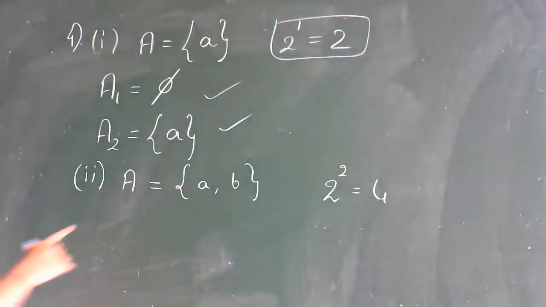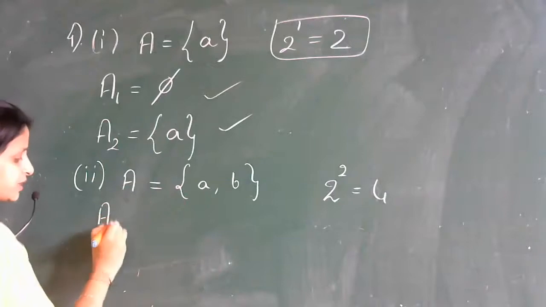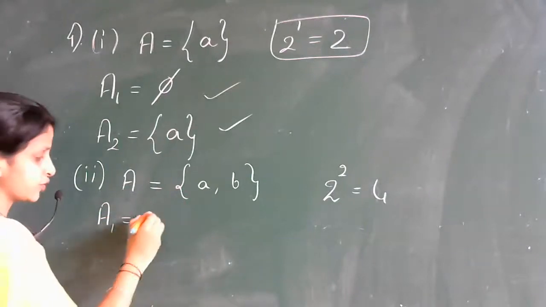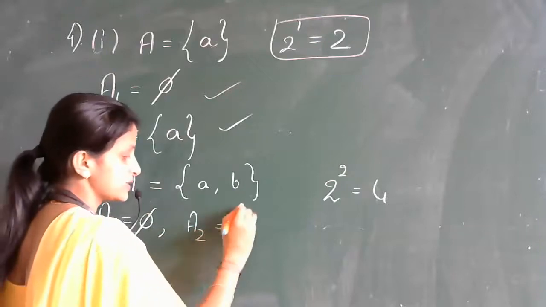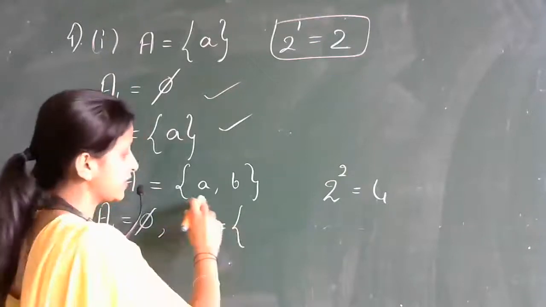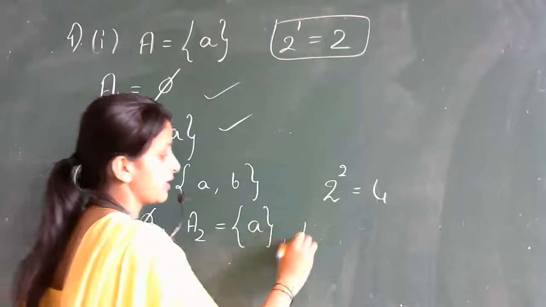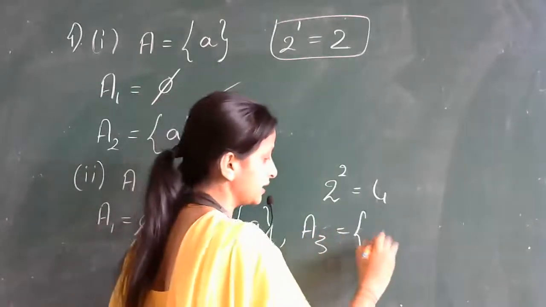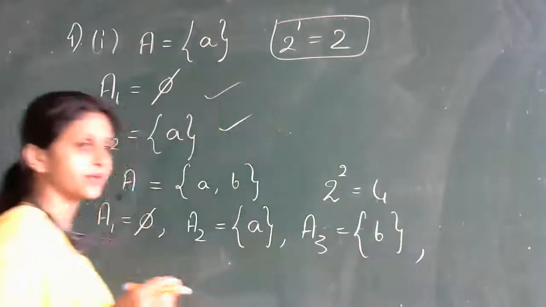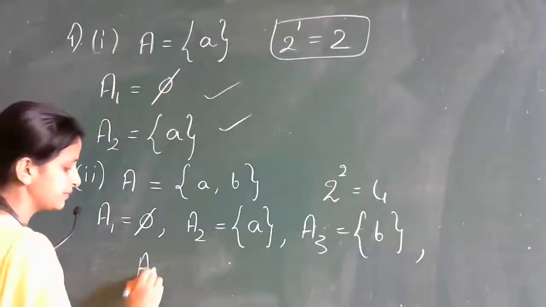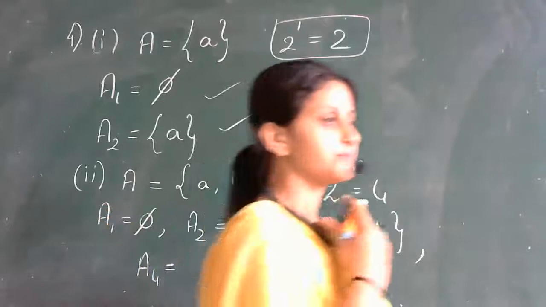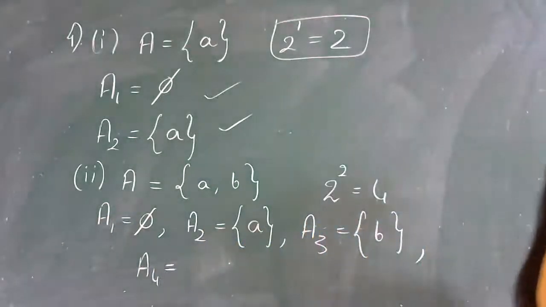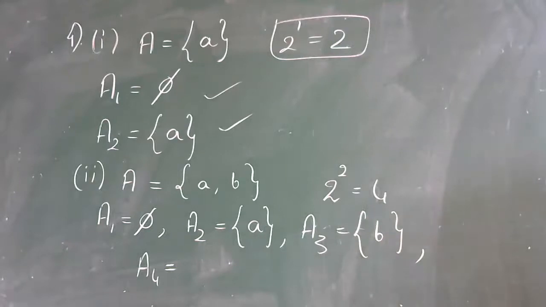Now let us find what are those 4 subsets. First subset will be what, students? Of course it will be empty set. Second subset will be singleton set. First it will contain element A, and third subset will be again singleton set. It contains element B. And which will be my last subset, students?